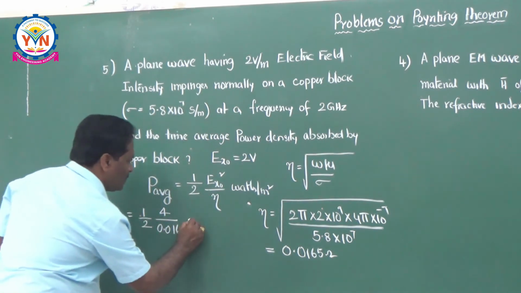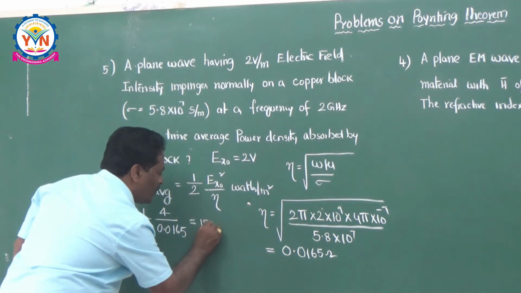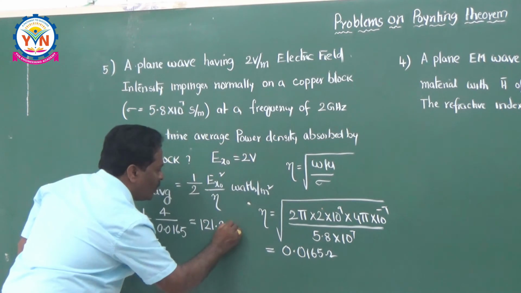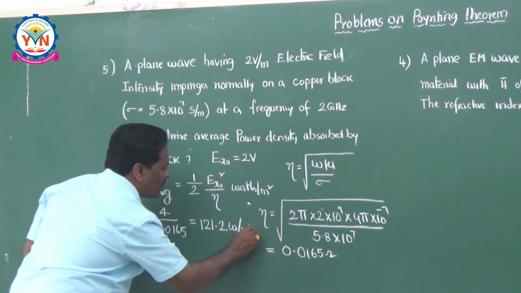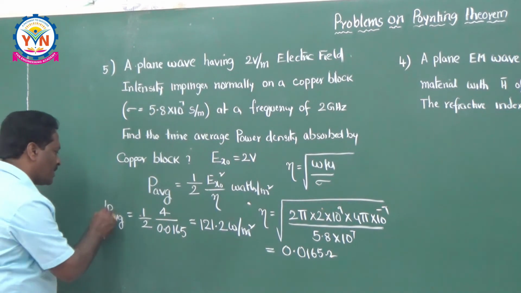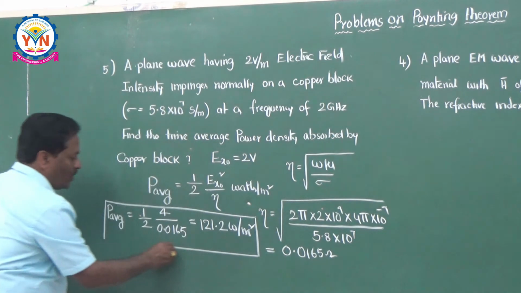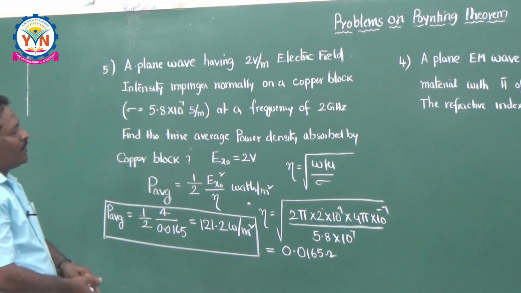That is equal to, if you simplify this, you are going to get 121.2 watts per meter square. So this is the result you have to get like this. So average power is equal to 121.2 watts per meter square.